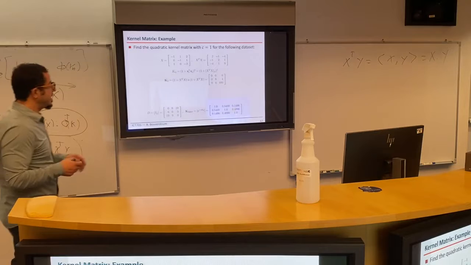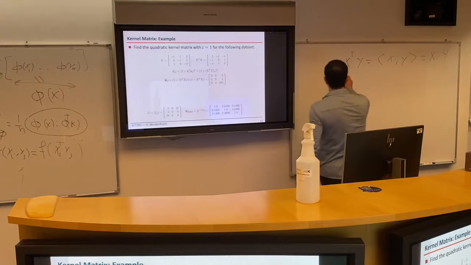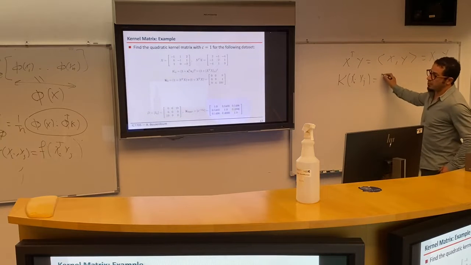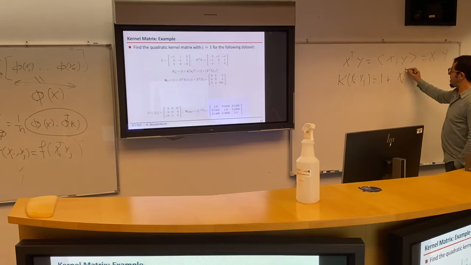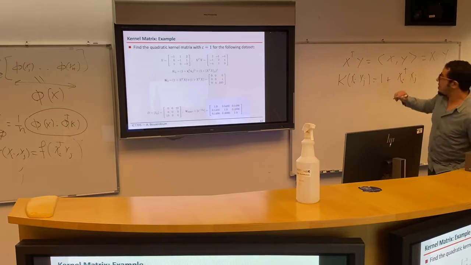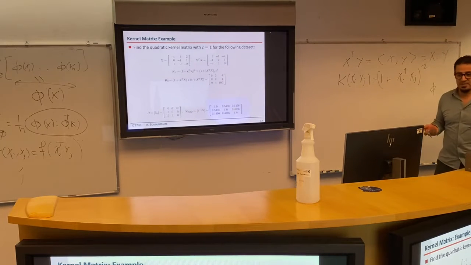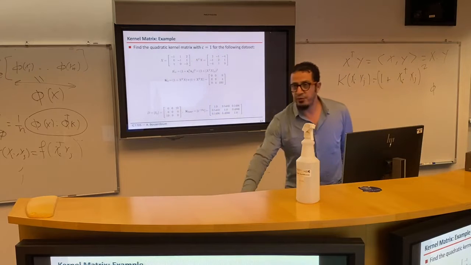So the kernel here, look, the kernel of xi, xj is (1 plus xi transpose xj) to the power 2. And we did it last time, that we can find phi explicitly in this specific case. So now we want to find the kernel matrix.